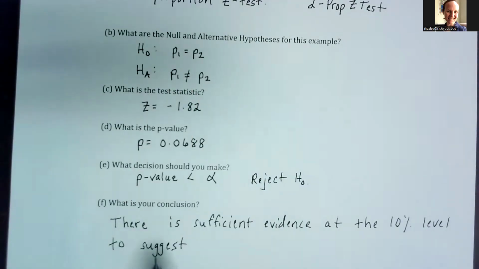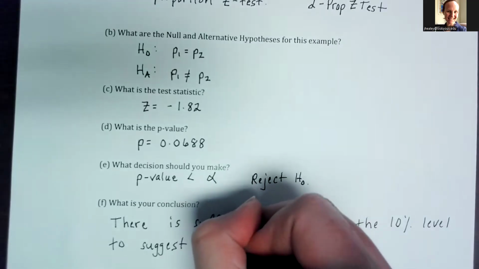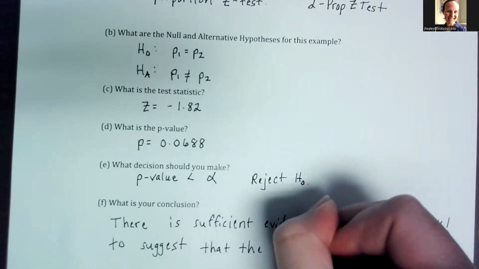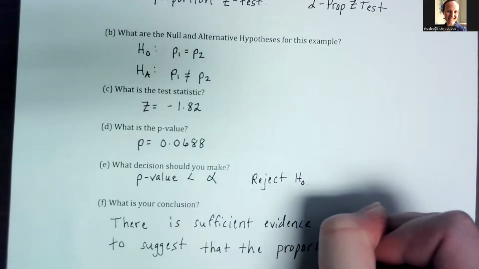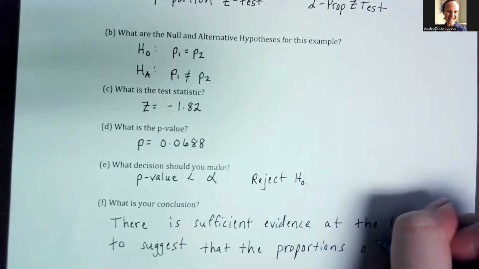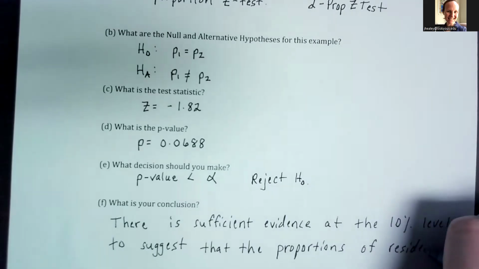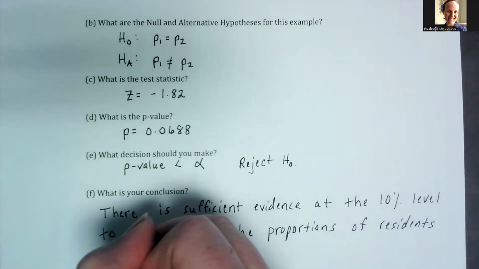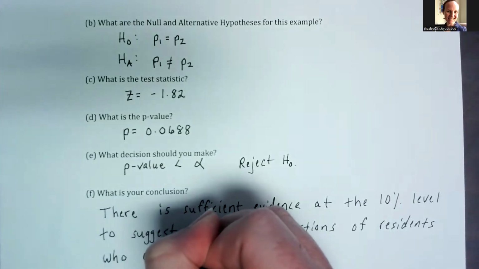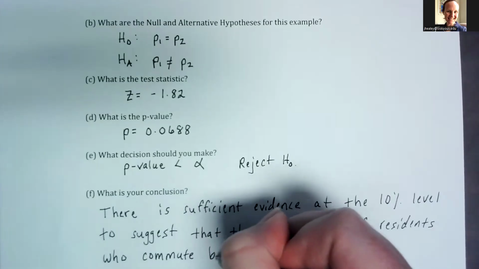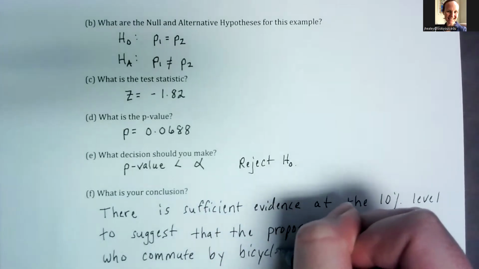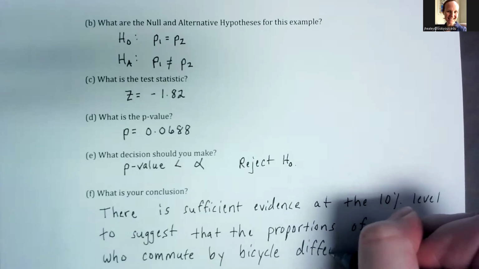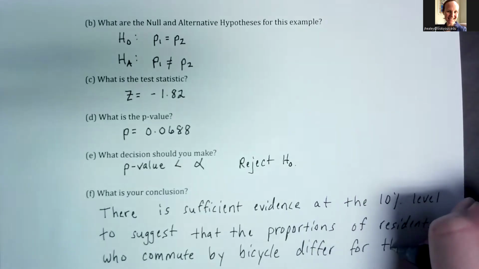So the proportions were between the two cities, city A and city B. So we'll say there is sufficient evidence at the 10% level to suggest that the proportions of residents who commute by bicycle differ for each city. Or for the two cities would also work.